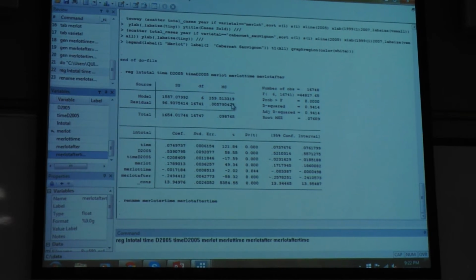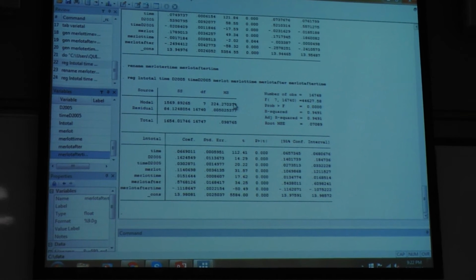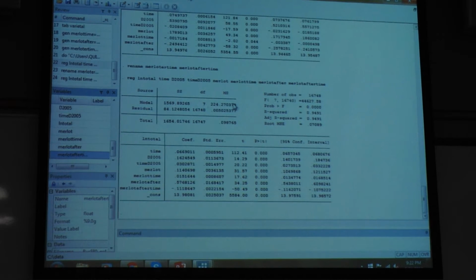Is that 7? Yes. Okay. So you outreg this, and we can calculate all of those growth rates. Let's try it. Have this outregged already?